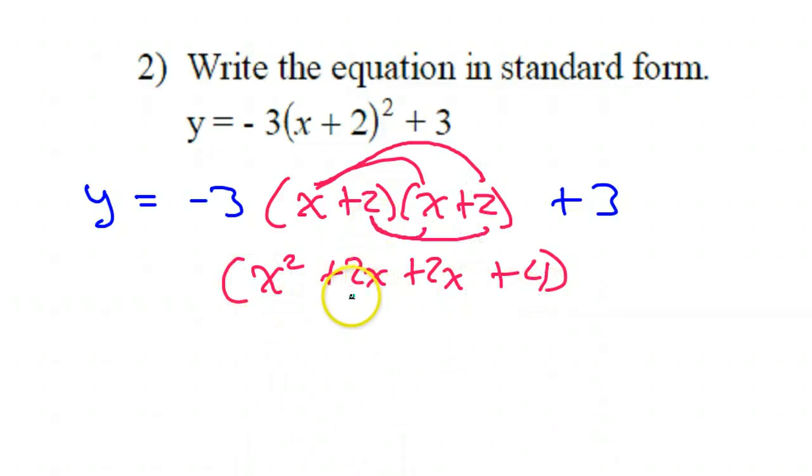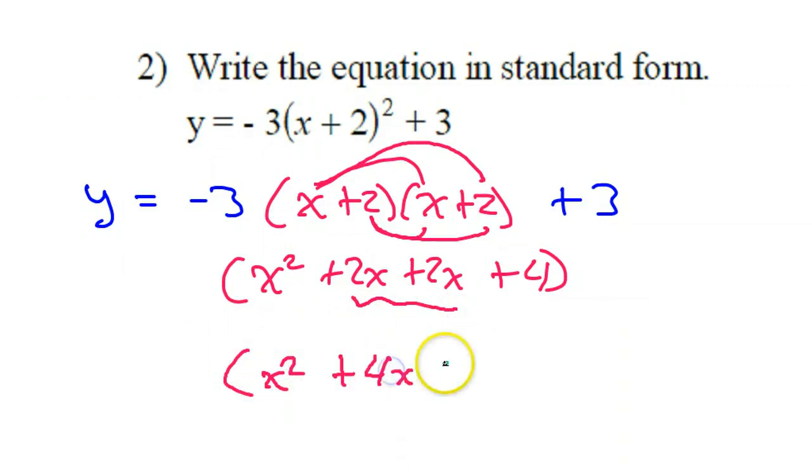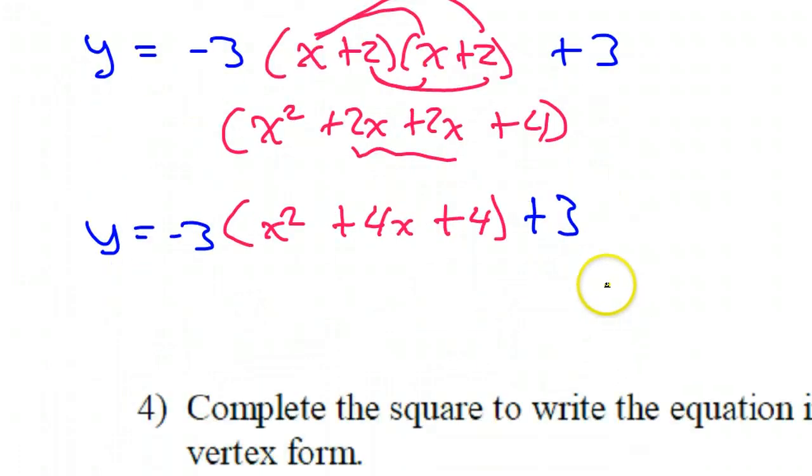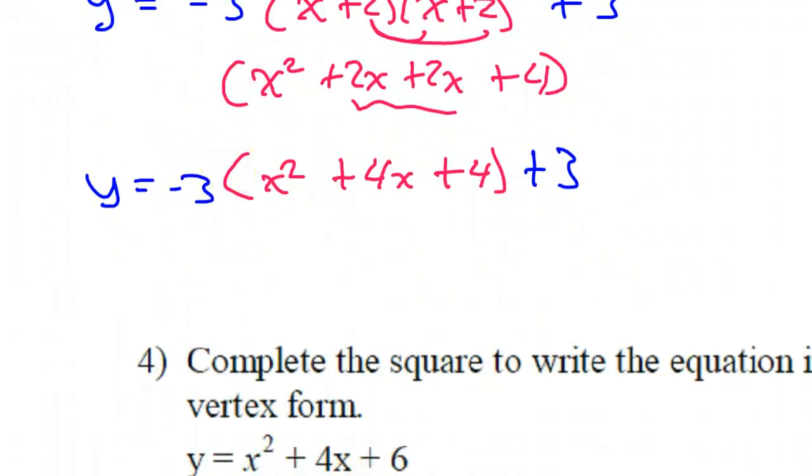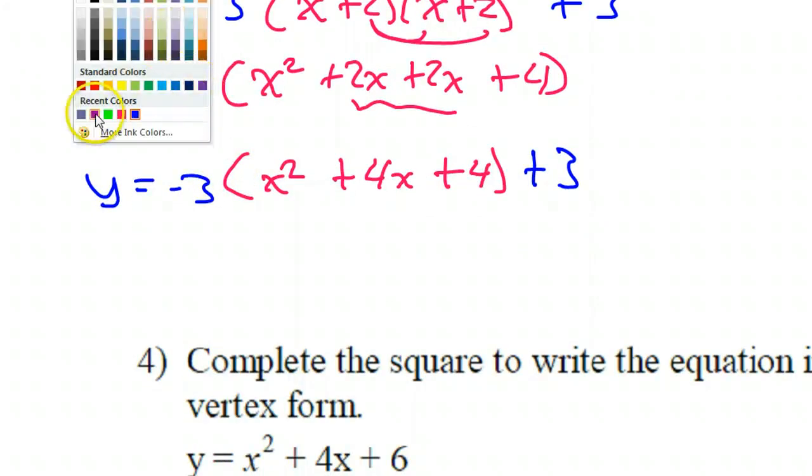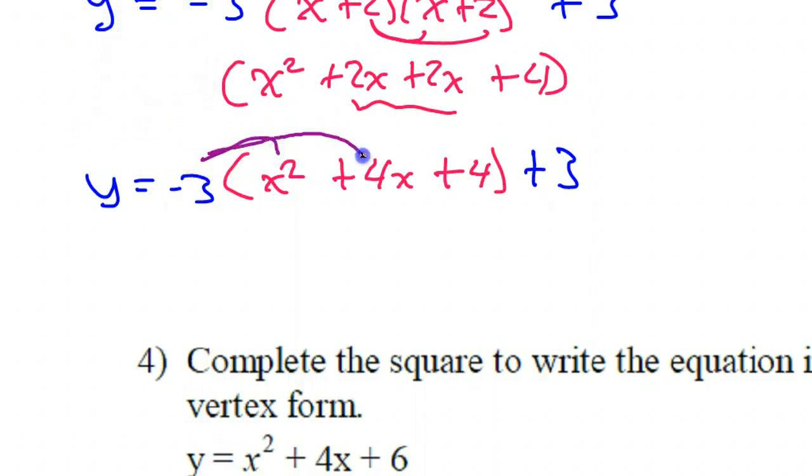Now let's go ahead and combine these like terms. So I have x squared plus 4x plus 4. Alright, so I've still got the negative 3 here, and I've still got the plus 3 there. Alright, now it's time to go ahead and do the distributive property with that negative 3.